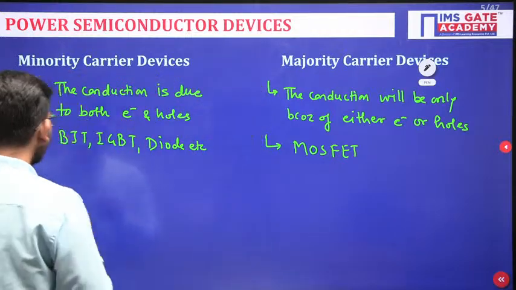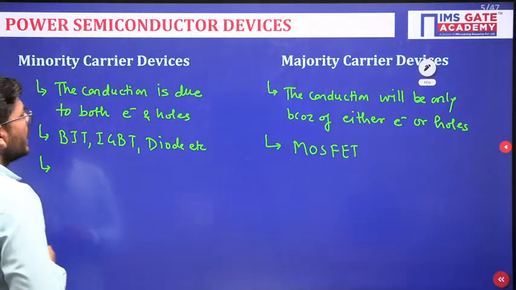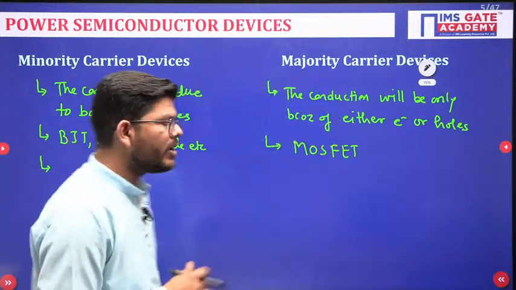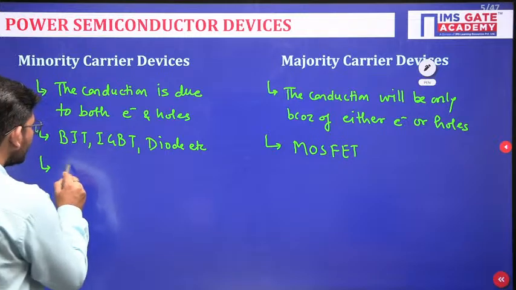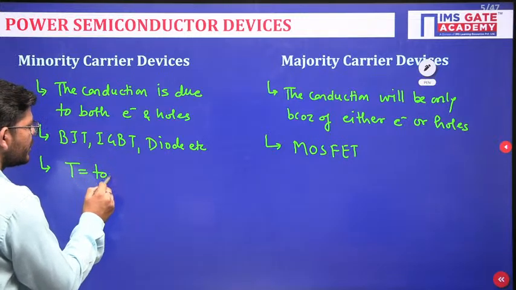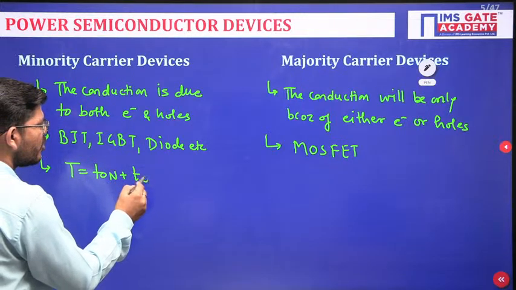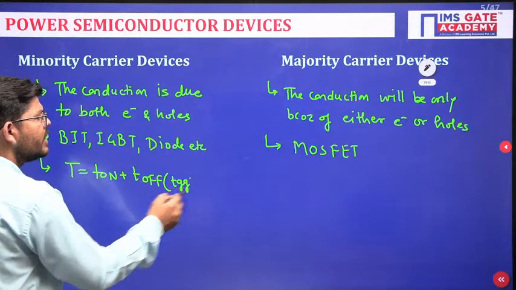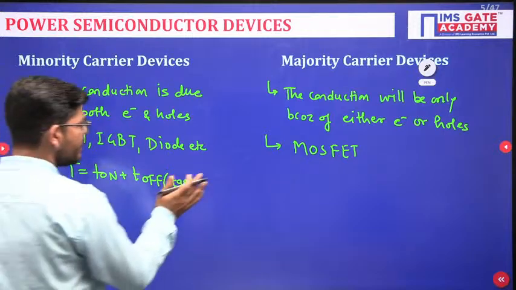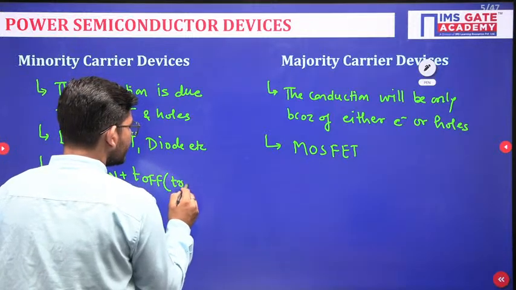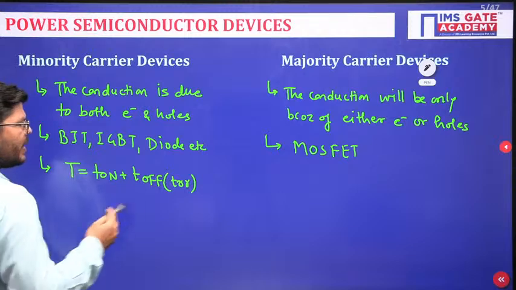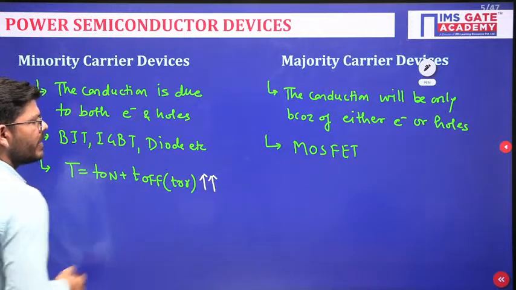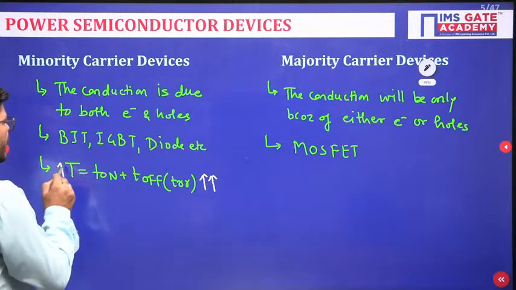Now, why are we discussing this? If both types of charge carriers are participating, that means the on time and off time will be very high. So the total time for the switch transition, which comprises T off and T on, and you know that T off has some recovery time as well, TRR, reverse recovery time, will be more, so ultimately T will be more.